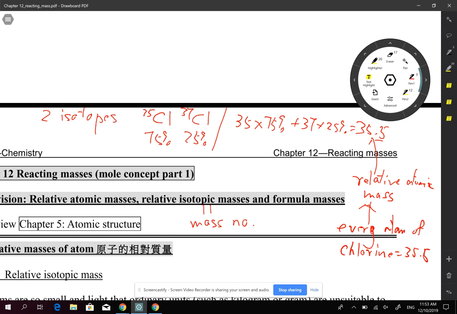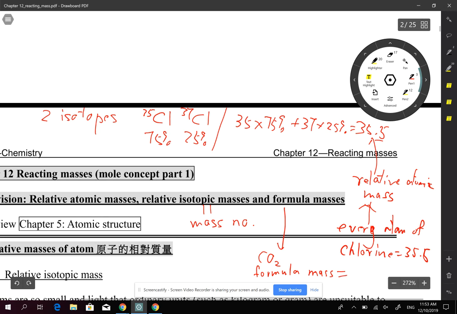And what is formula mass? That is, if we have a formula like CO2. Okay? There is a formula of a compound. What is the formula mass? Formula mass equals the sum of all the relative atomic masses of that formula.